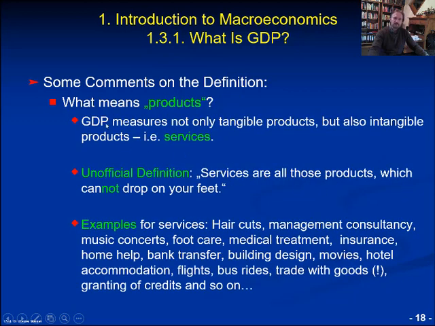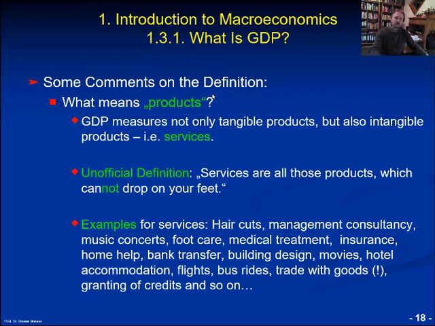The next point is, what do we mean by products? Well, very important: GDP measures not only tangible products or hardware, it also measures intangible products, especially so-called services. What are services?